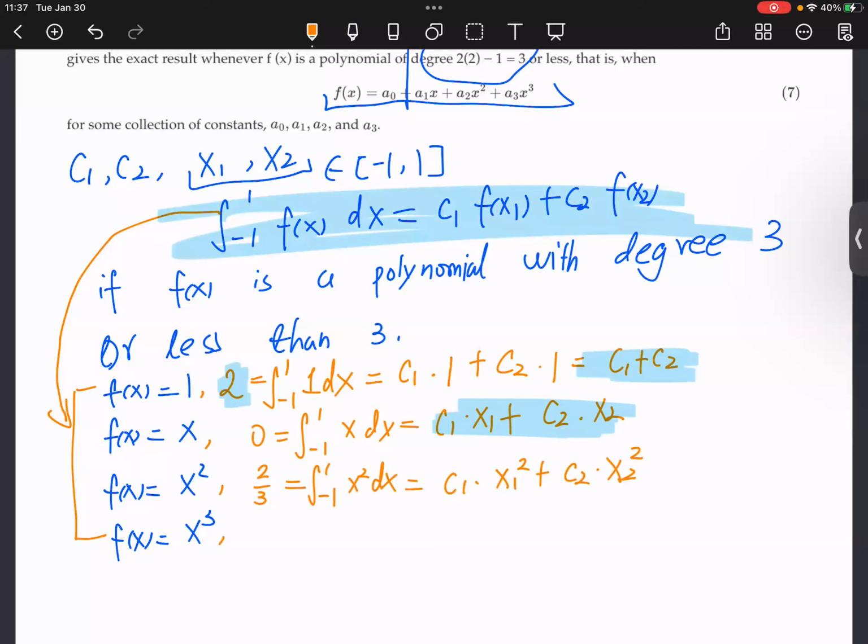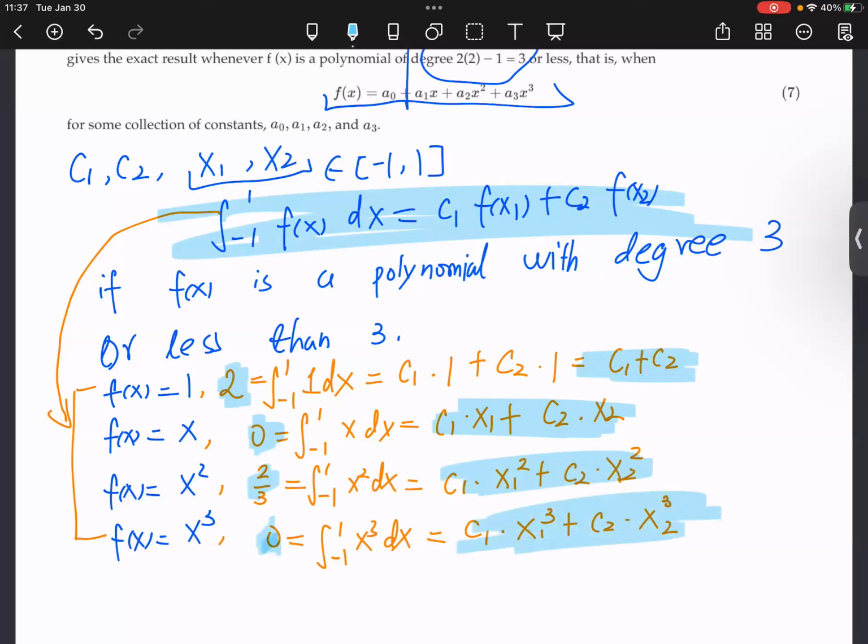For the fourth equation, we do the same thing. The integral from -1 to 1 of x cubed dx, because this is an odd function, is still 0. And then it equals C1 times x1 cubed plus C2 times x2 cubed. So now you got 4 equations and 4 variables.